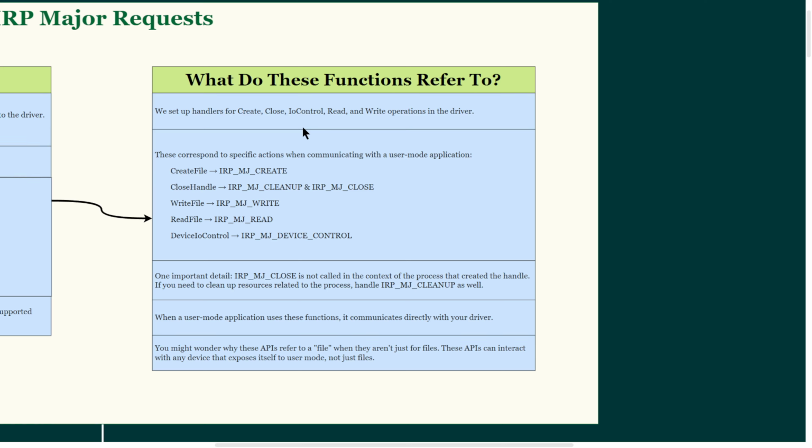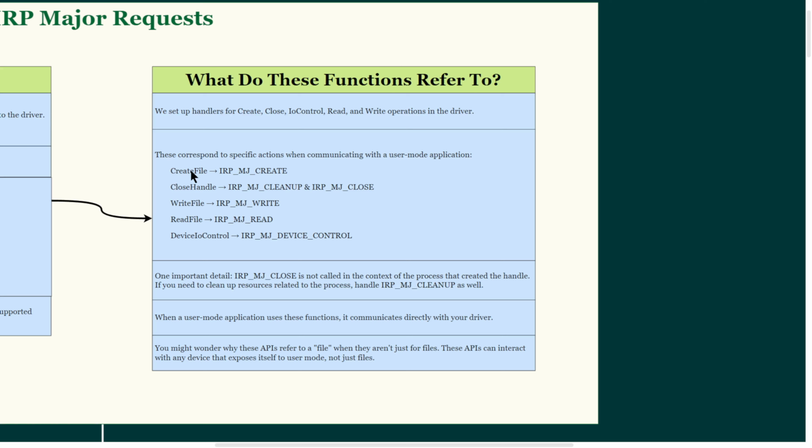These correspond to specific actions when communicating with a user mode application. Create file, IRP_MJ_CREATE; close handle, IRP_MJ_CLEANUP and IRP_MJ_CLOSE; write file, IRP_MJ_WRITE; read file, IRP_MJ_READ; device IO control, IRP_MJ_DEVICE_CONTROL.